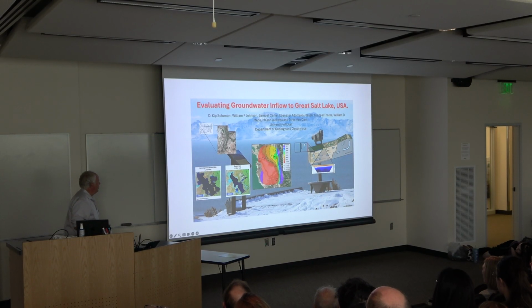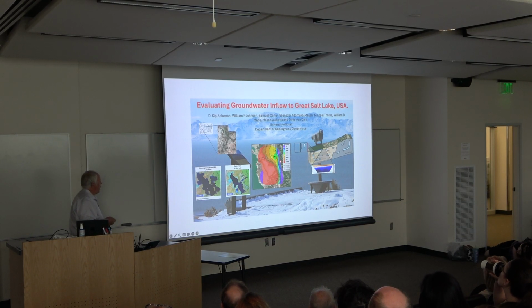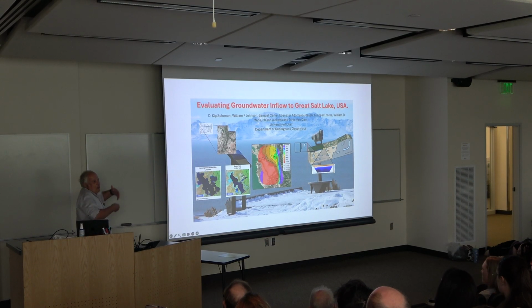More recently, a number of faculty members and graduate students here, and collaborators at the Utah Geological Survey and USGS, have been studying groundwater in its relationship to the Great Salt Lake. The center panel here is a figure from Sam Carter's thesis, where we've observed young groundwater near the mountain front that gets older and older, but then all of a sudden as we hit the playa, we get really old water.